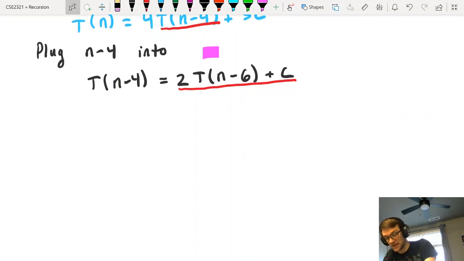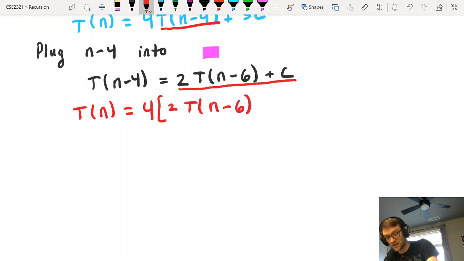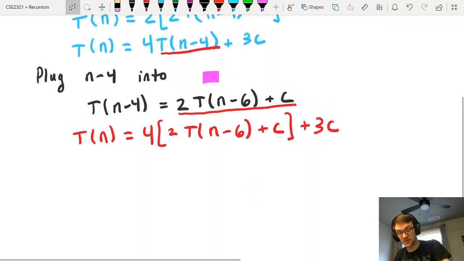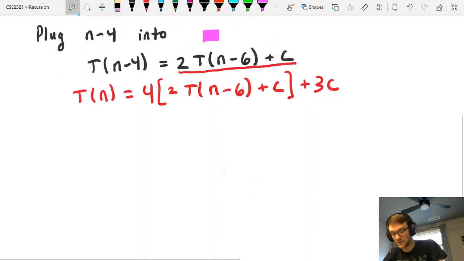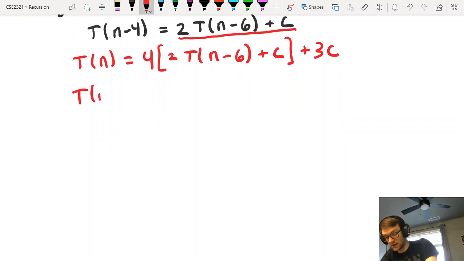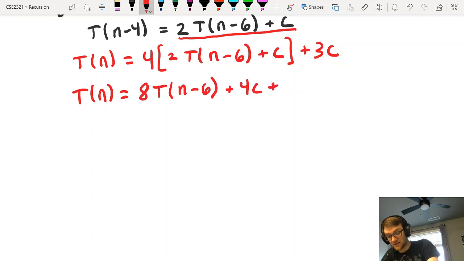Making the substitution, we have t of n is equal to 4 times 2 t of n minus 6 plus c, plus that additional 3c still from the original equation there. Now we need to distribute the 4 as we did in the past, so t of n is equal to 8 times t of n minus 6 plus 4c plus 3c.